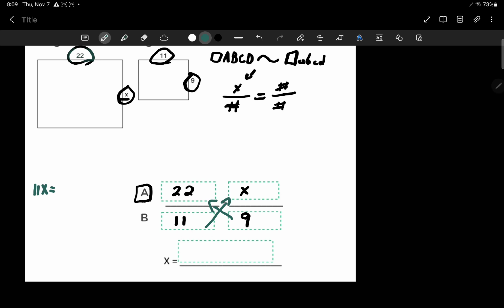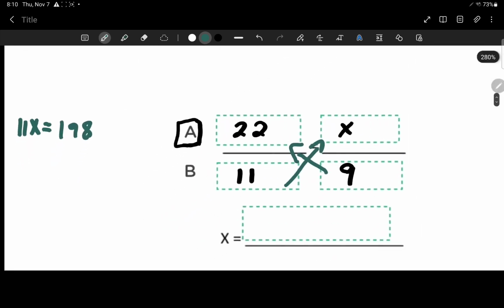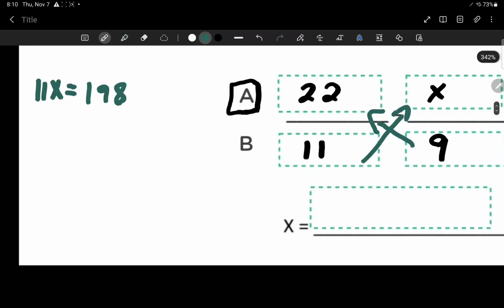So 22 times 9, which is going to give us 198. Okay. That is what we're going to get for those two. So I multiply the 22 and the 9 together, and the 11 and the x together. So that's what I'm going to get. So I'm going to enlarge it a little bit, that way you guys can really see it. Here is where we just solve for x.